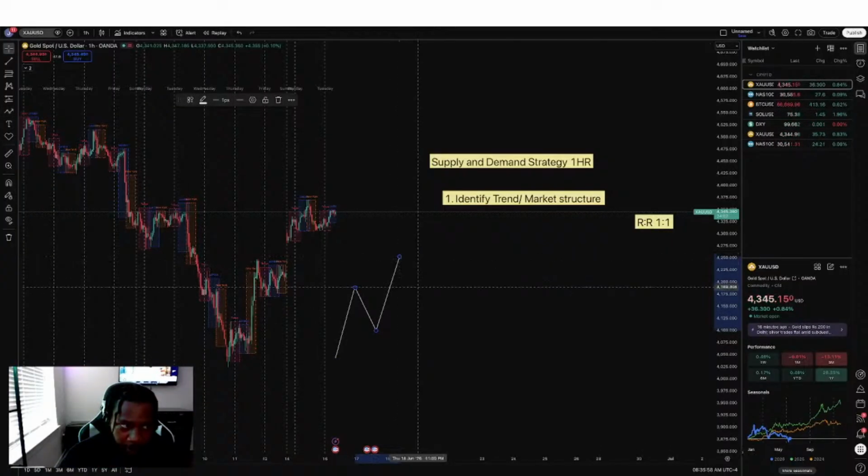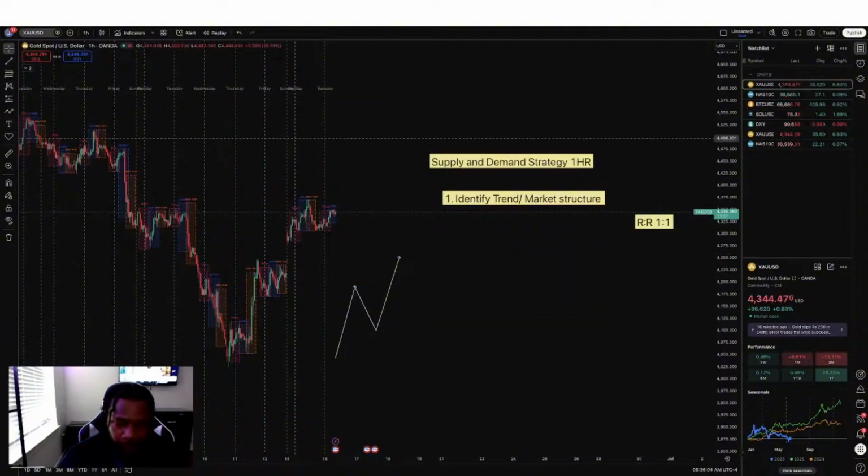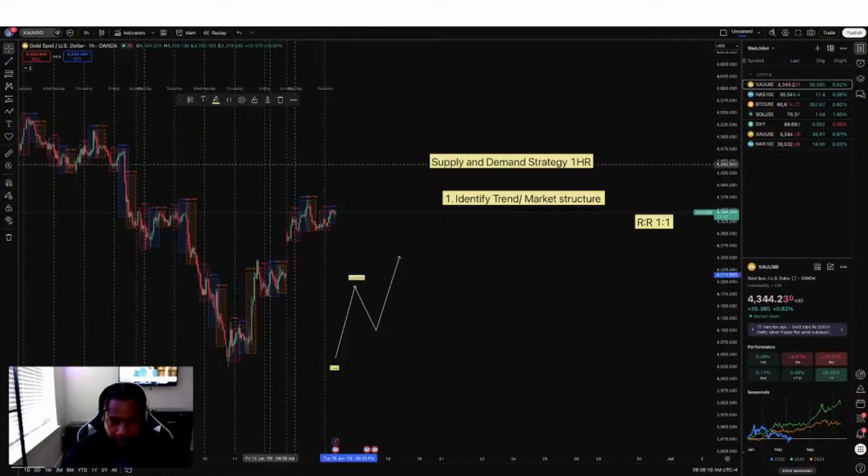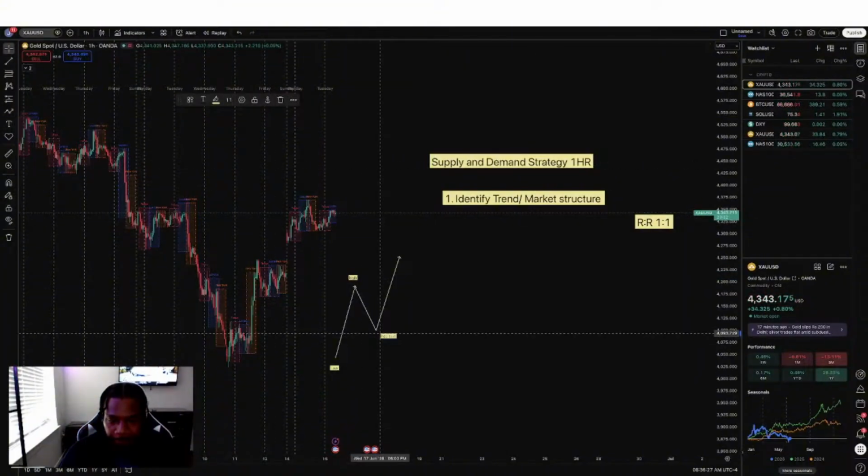So if you can see, the market made a low. Then it made a high. And then when the market decided to pull back, it did not break past that recent low it made. It stopped and it decided to continue up.